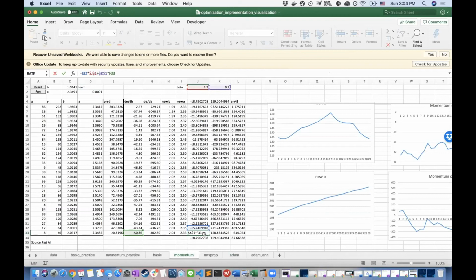You're using basically the previous momentum times 0.9 plus the current gradient times 0.1. But notice how he calculated these two numbers, and then it feeds back into this. The new epoch would use these two numbers, which came from here, and calculate that.